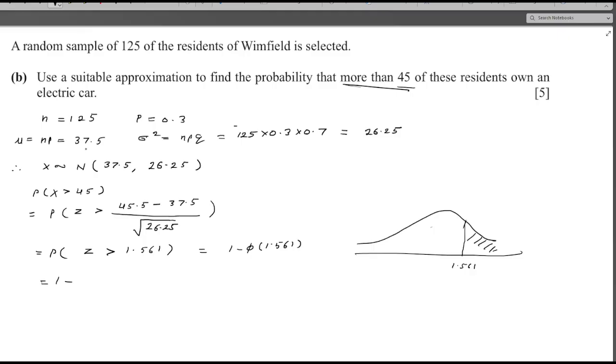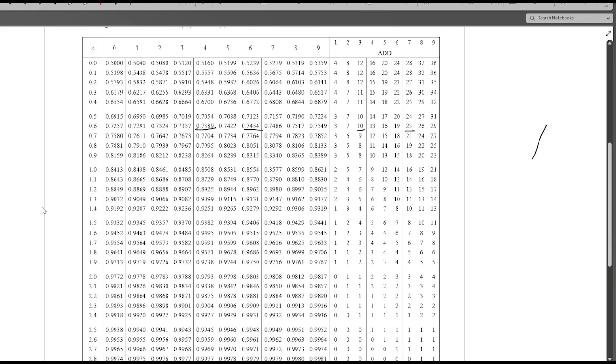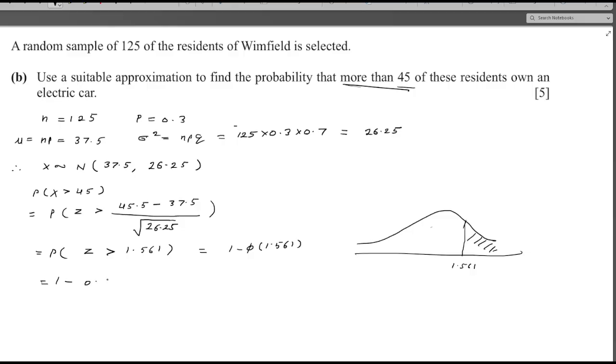So this is 1 minus, now 1.561: 1.5 is here, 6 is this value, and 1 is this value. So 0.9407, and 1 minus 0.9407 will be 0.0593. 0.0593 is your required possibility.